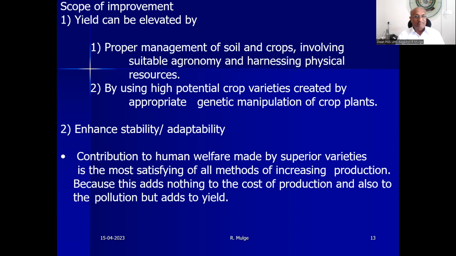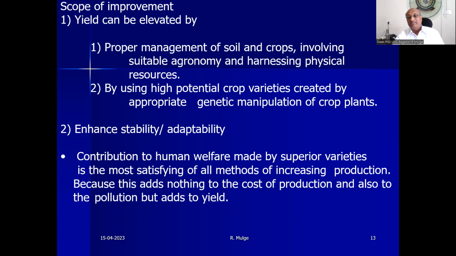So that's the scope. If you look at the contribution to human welfare made by superior varieties, it is the most satisfying of all methods of increasing production, because this adds nothing to the cost of production and also to the pollution, but adds to yield. Of course, you can say that the cost of hybrids is slightly higher, but that's nothing. Just compare the productivity of those varieties.